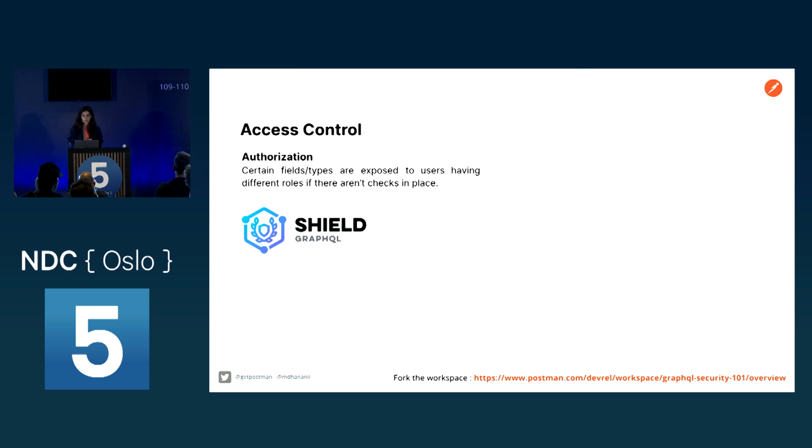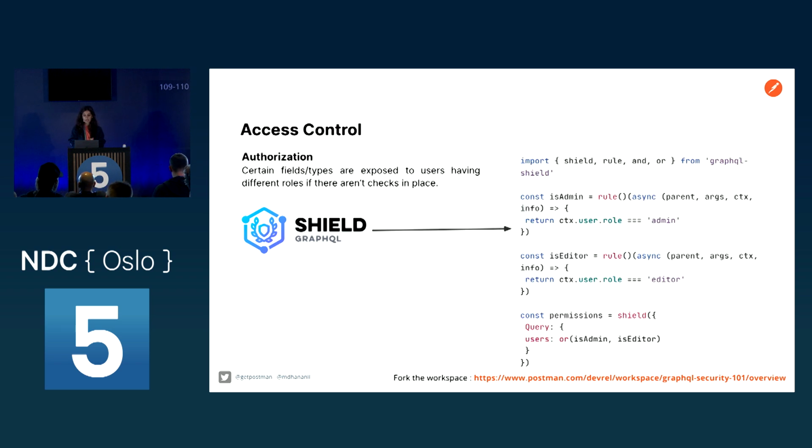Shield is a GraphQL library that can help you create a permission layer for your server, so you'll be able to define a collection of rules that you can use across your permission system.